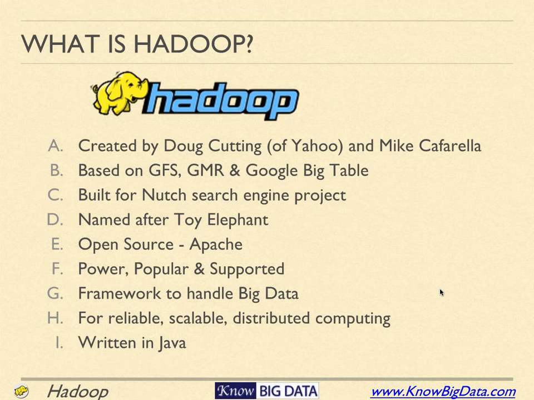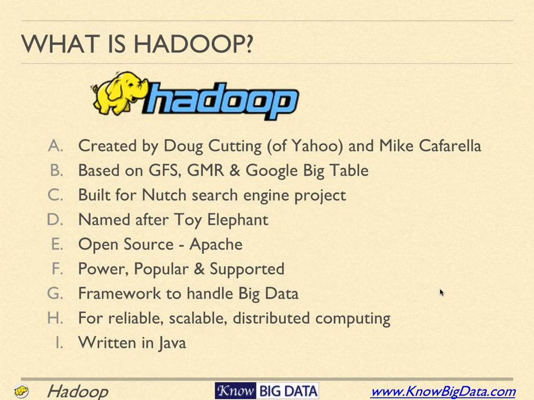Hadoop is powerful, popular, and well supported. It's a framework to handle big data, meaning all the components under the Hadoop umbrella are for reliable, scalable, and distributed computing. Reliable means in case one machine fails, the work gets done on another machine. Scalable means if you are running your system using 100 computers and you want to add 50 more, all the software under the Hadoop umbrella should automatically scale to fit onto 150 systems.